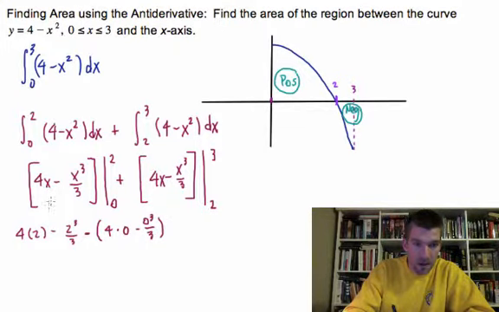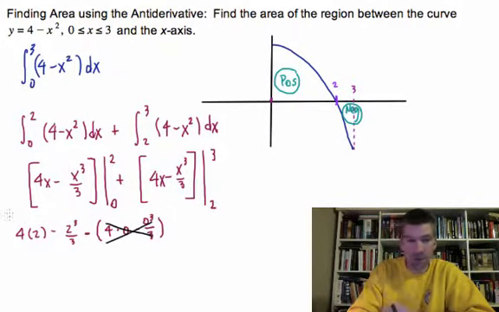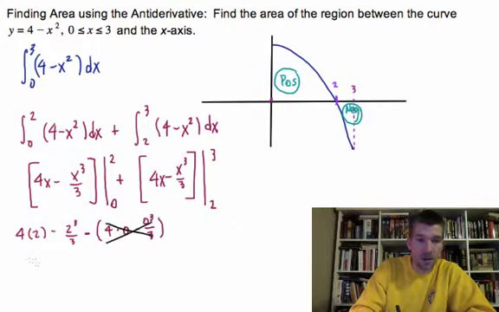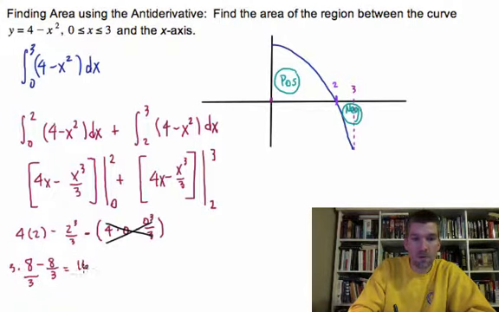There's the first one right here. And these are zeros, right? Those go away. So over here I've got 8 minus 8 cubed over 3. And if I put this over 3, this is going to be 24 minus 8, so 16 thirds.